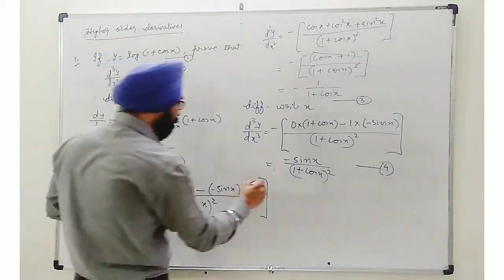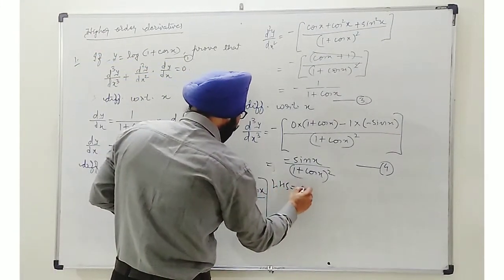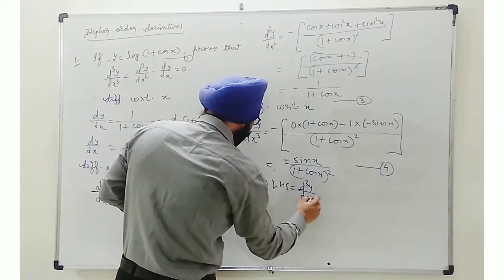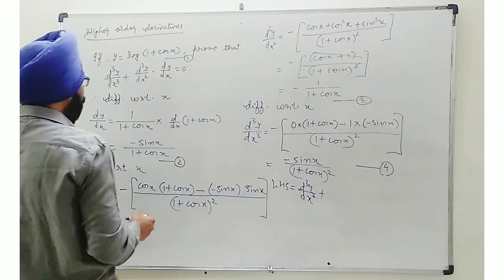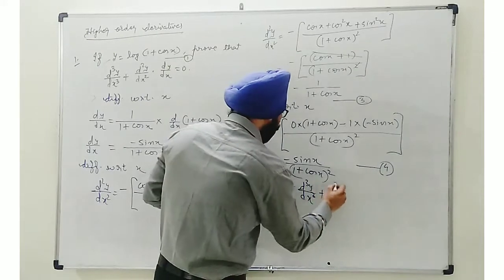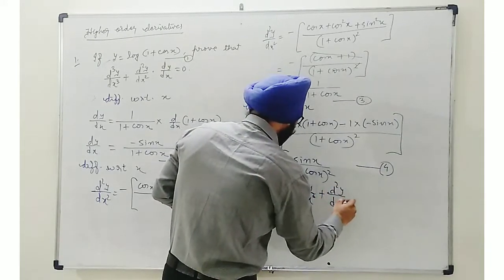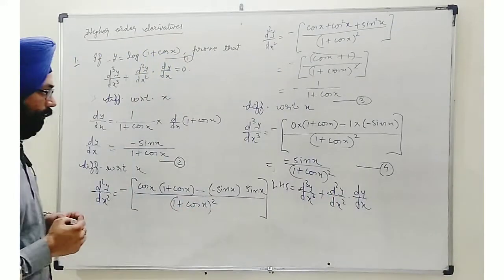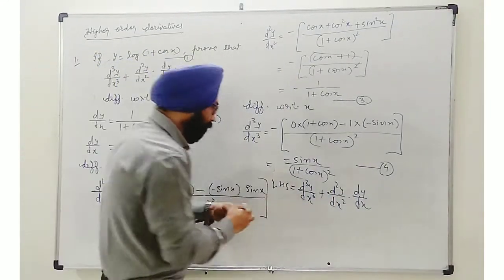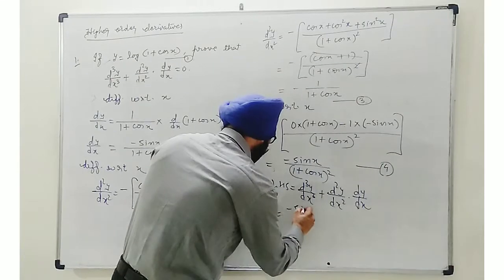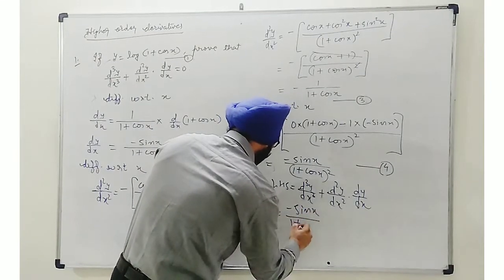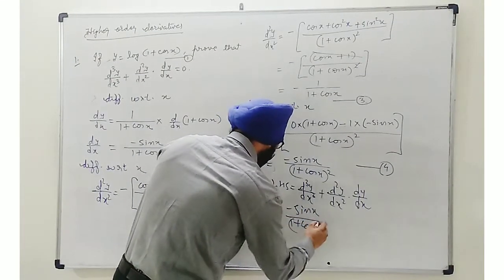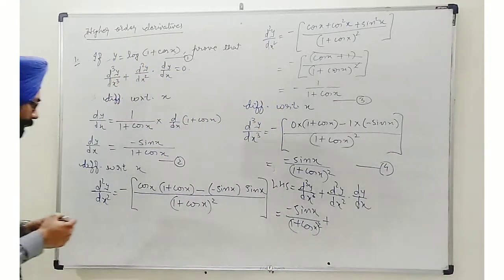We will take LHS. Right here it is d cube y by dx cube plus d square y by dx square dot dy by dx we need. Now we put all the values, d cube y by dx cube from here, it is minus sin x upon 1 plus cos x whole square, plus d square y by dx square.